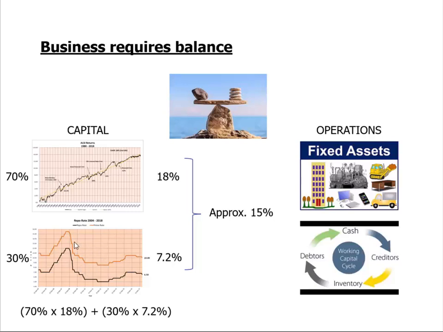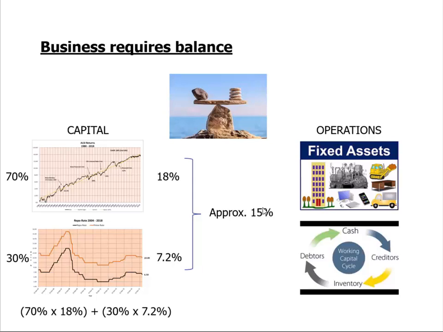And a historical view of the cost of debt in South Africa, where the repo rate would have provided us some information, and at the time the repo rate I used in the discussion was 10%. We were able to determine a cost of equity and a cost of debt. And when we put these two together in this proportion of 70%, 30%, which is considered the ideal capital structure, we got an average of around about 15%, which represented our cost of capital.